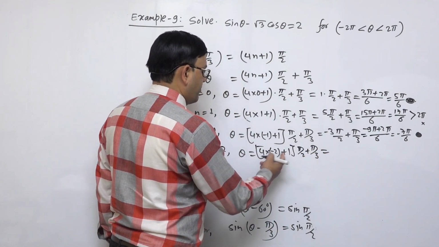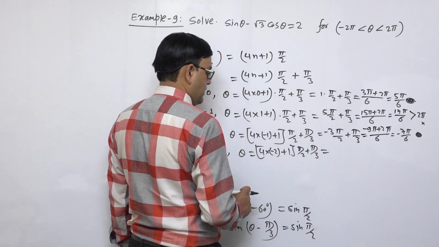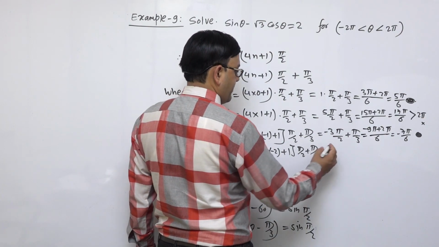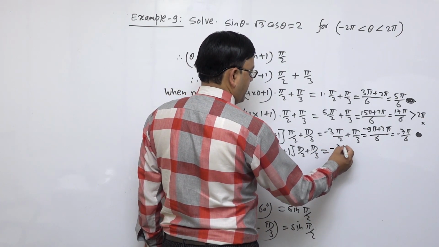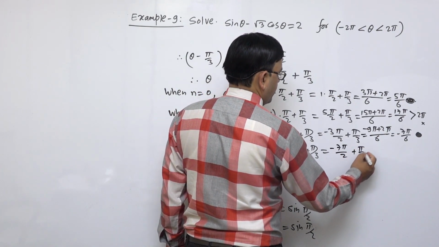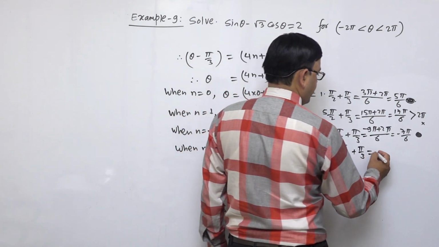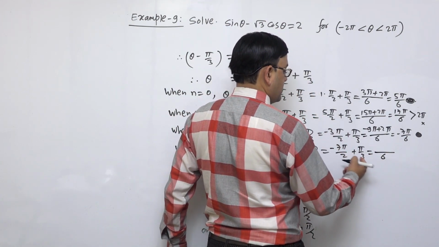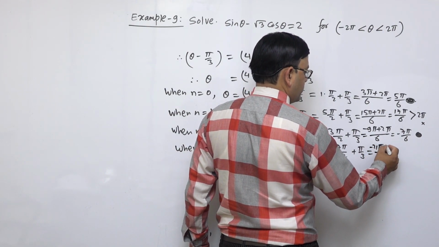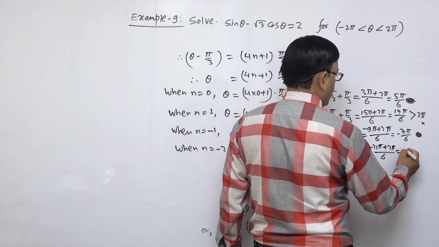This is equal to 4 times minus 2 is minus 8, minus 8 plus 1 is minus 7 pi by 2 plus pi by 3. Taking LCM 6, 7 times 3 is minus 21 pi plus 2 pi. It means we have minus 19 pi.